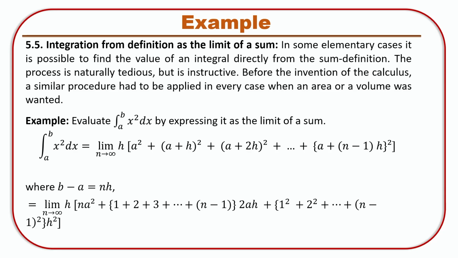So, this is the first example we are going to use for definite integral as the limit of a sum. Evaluate the integral from a to b of x square dx by expressing it as the limit of a sum.